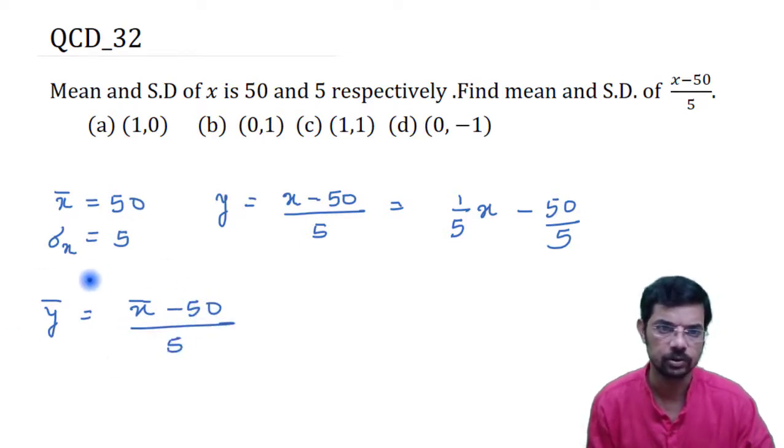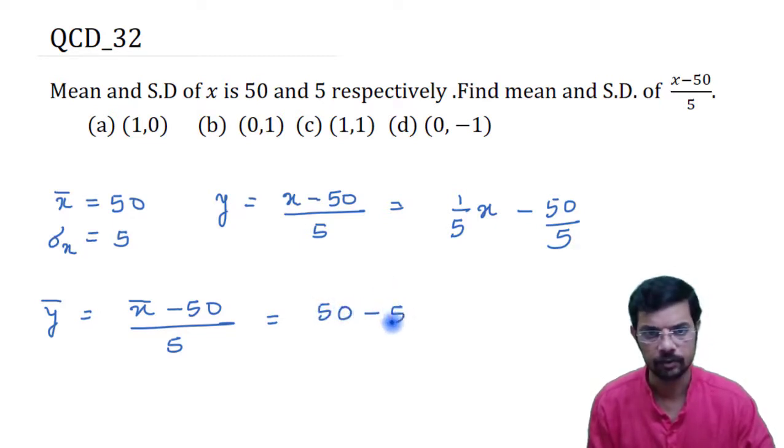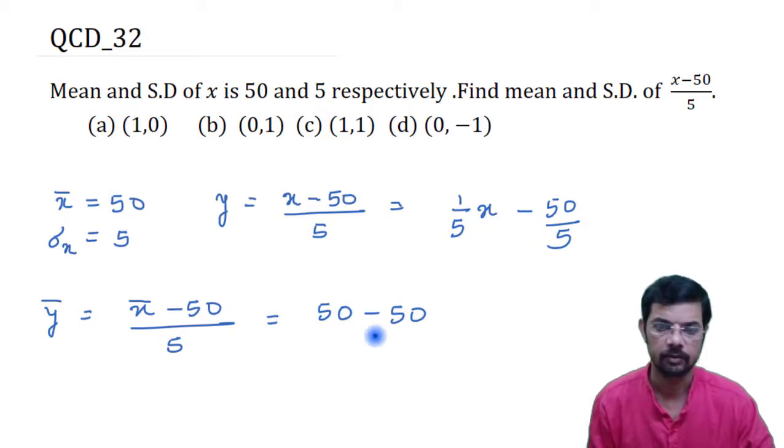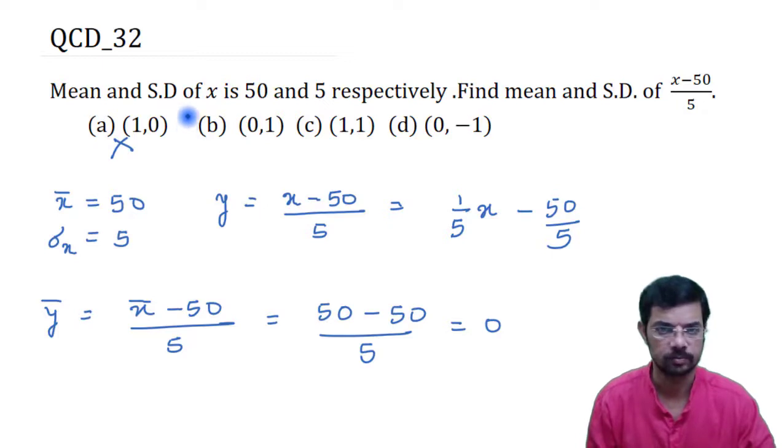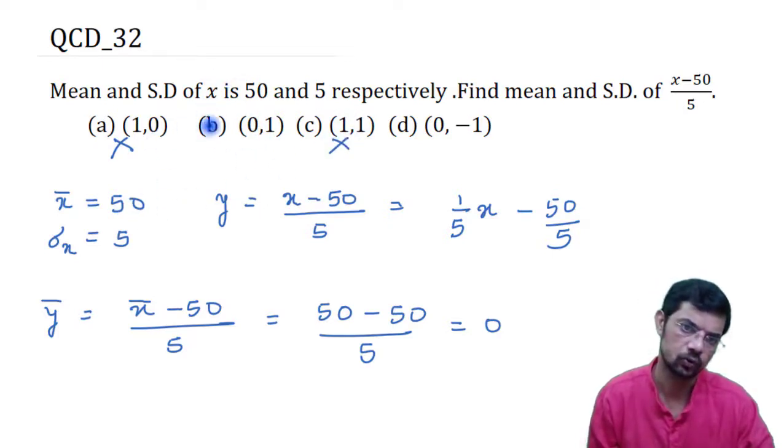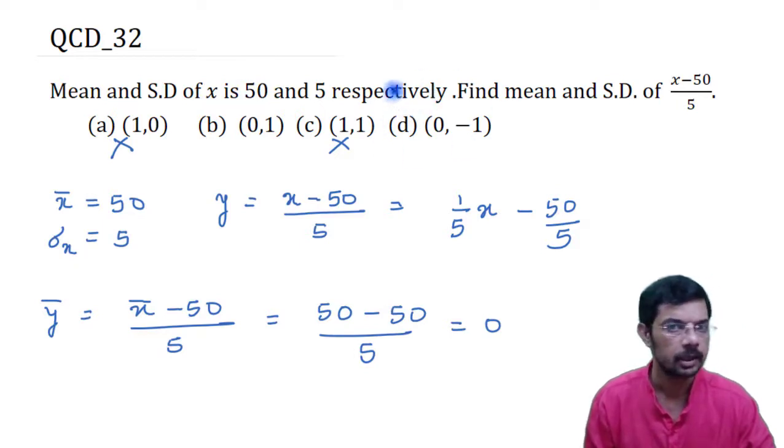We can directly use this formula. x bar is given as 50, so 50 minus 50 divided by 5 gives y bar equal to 0. So the mean of y is 0. So option A and option C are not the correct answers. We have to choose between B and D.